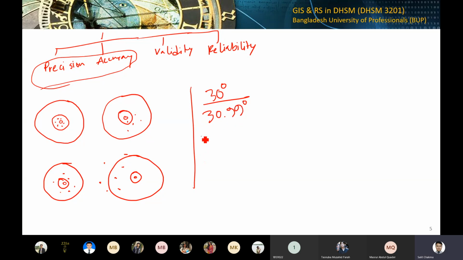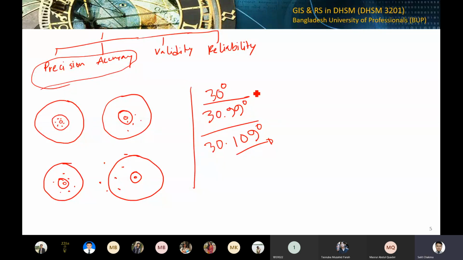If you want to be more precise, you could say 30.109 degrees Celsius. It can go on. So the more values, the more detail that you add, we call it precise in our previous example. And accuracy is the closeness to the actual value.